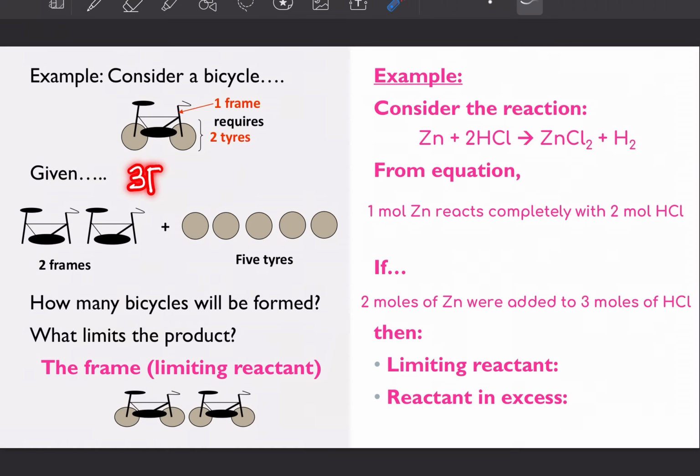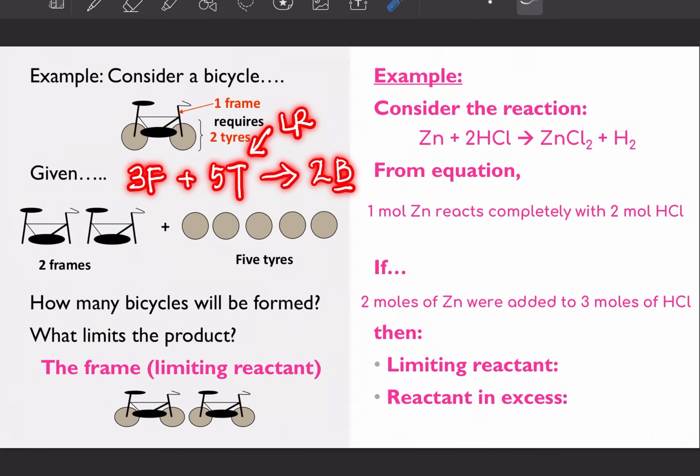So basically when you have 3 frames and 5 tires, in this case the tires are the limiting reactant, because this will limit lah how much bicycle you will be able to produce. So that means, okay, when you have 5 tires, how many bicycles will you produce? You will produce 2 bicycles, betul tak?